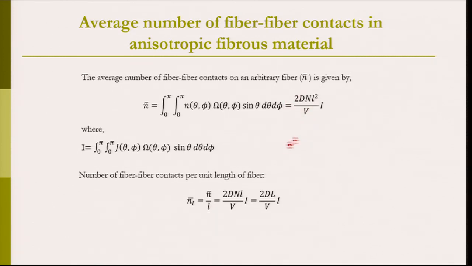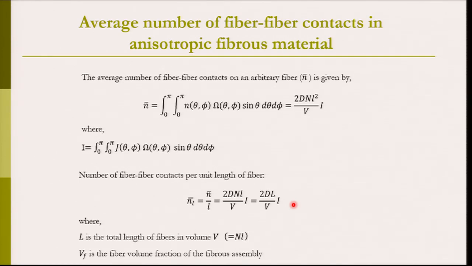So, we can simply put that expression here and calculate in terms of the total length of the fibers in volume V and in terms of fiber diameter d and the global orientation parameter I. So, we can convert this expression of N_L bar in terms of fiber volume fraction, like we have done earlier in random fibrous materials.